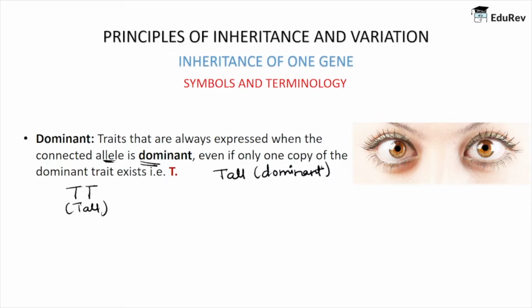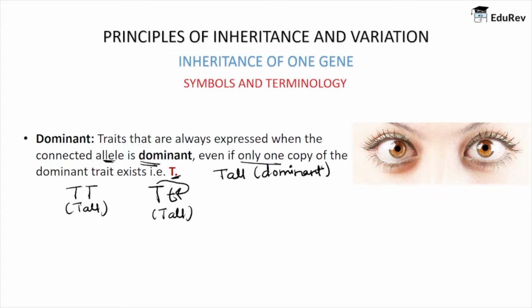It also occurs even if only one copy of the dominant allele, capital T, exists. Another possibility is that the alleles are one capital T and one small t. In this case the person will again be tall, because this capital T is dominating the small t.